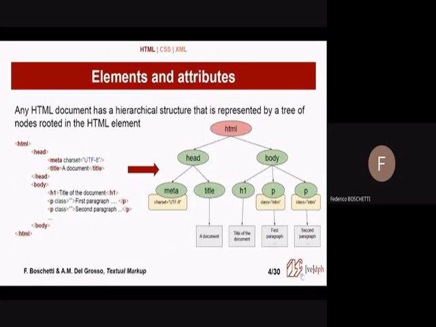So, any HTML document has a hierarchical structure that is represented by a tree of nodes rooted in the HTML element. The code that you see on the left can be represented as a tree, and you see on the right this tree representation, okay?